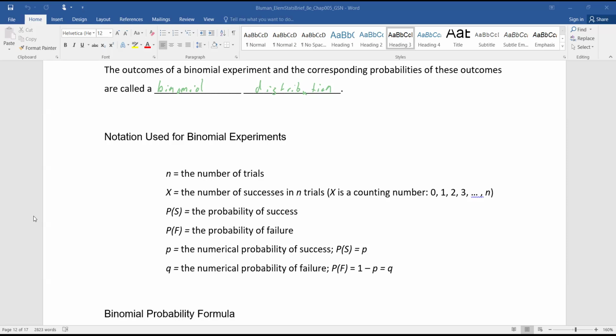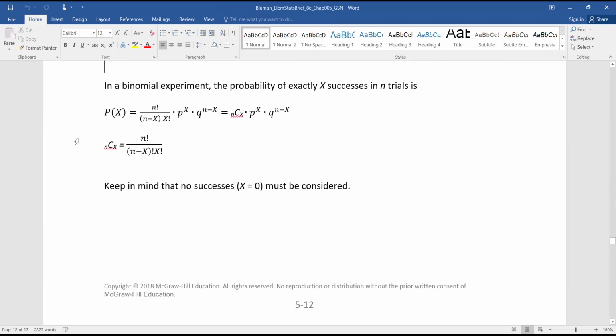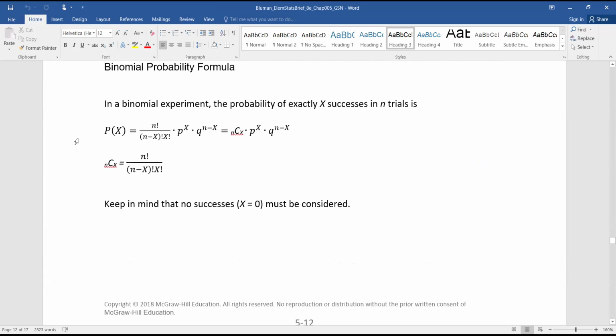So let's go a little bit further into this. A binomial probability formula. In a binomial experiment, the probability of exactly X successes in N trials can be calculated using our permutation and combination type of formulas with a little bit more.